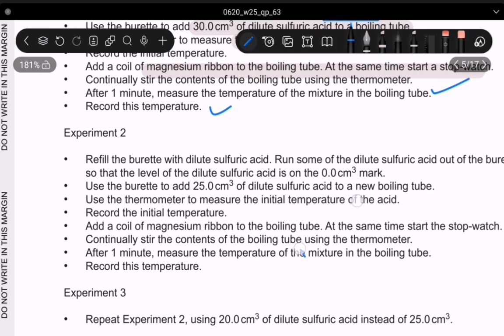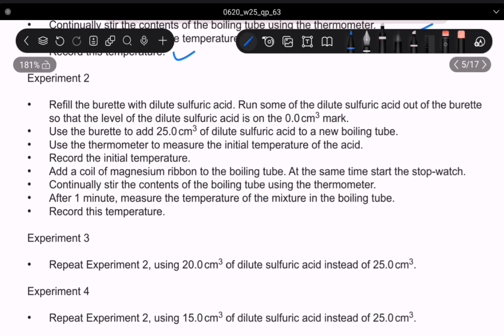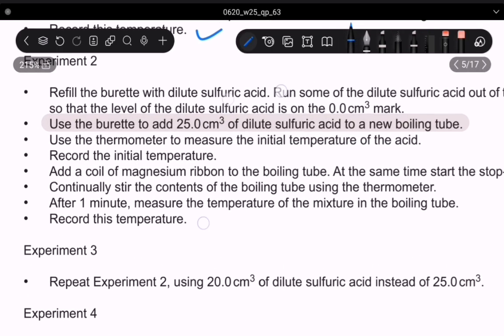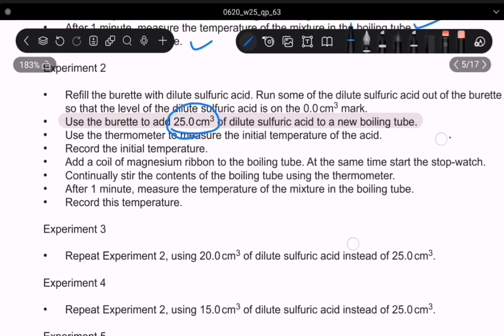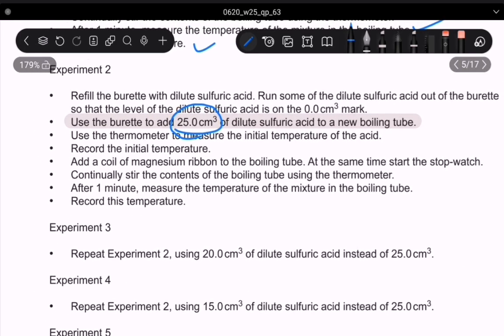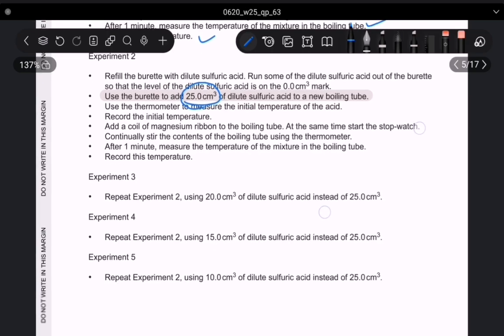Okay, let's go to the next one. Experiment 2. Same steps, so I'm not going to read that. Use a burette to add 25 centimeter cubes of dilute sulfuric acid to a new boiling tube. So now we have changed to 25 centimeter cubes. Measure the initial temperature of the acid, and all the things are same.